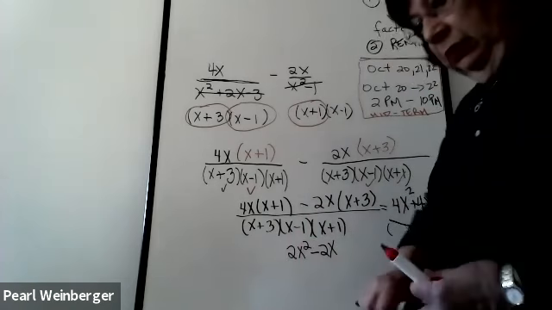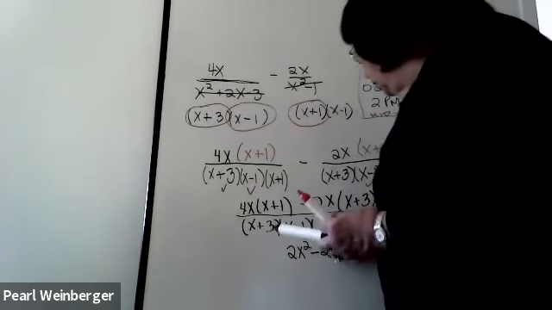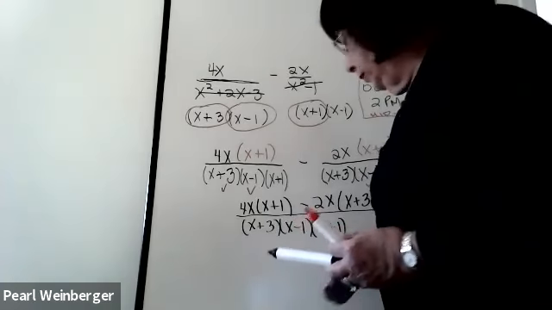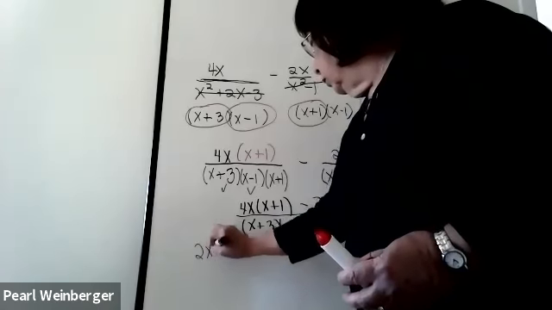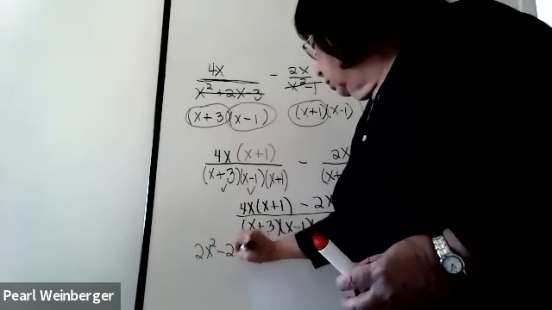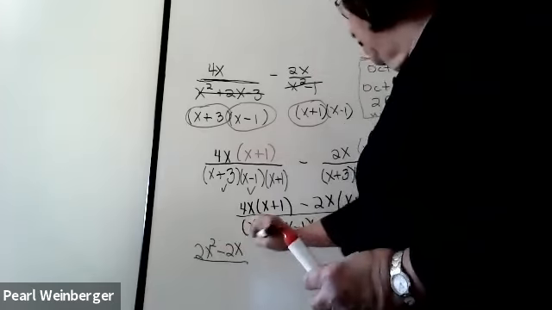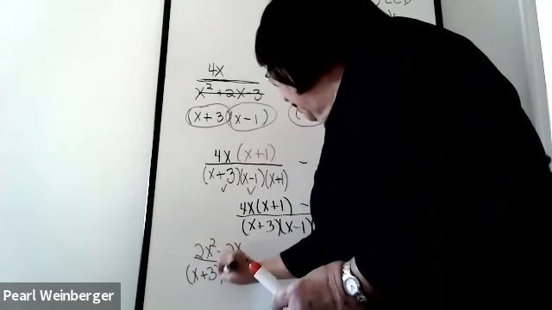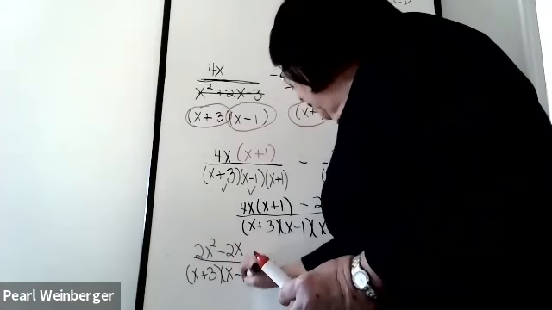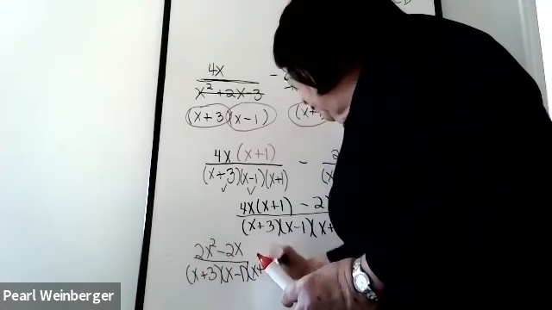And you know what, let me move it over here so I have a little bit more space. And it's all over the common denominator of x plus 3, x minus 1, and x plus 1.